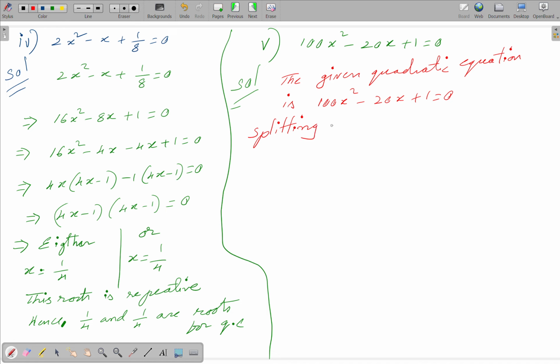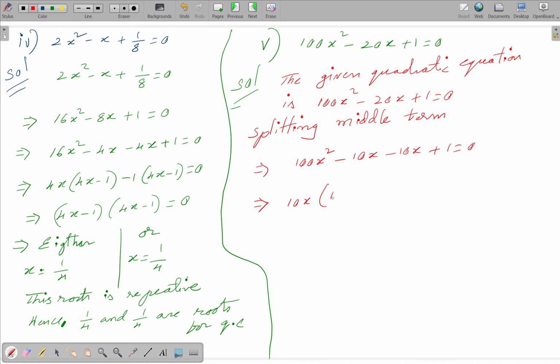Splitting the middle term: 100x square minus 10x minus 10x plus 1 is equal to 0.